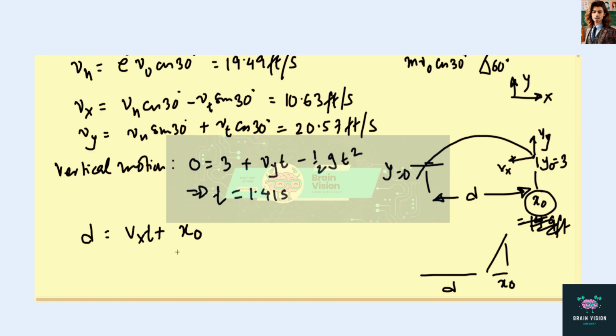So from here we can solve for d, and we can find that x naught is y naught cotangent of 60 degree. Using that, we find the length of d to be 13.25 feet.